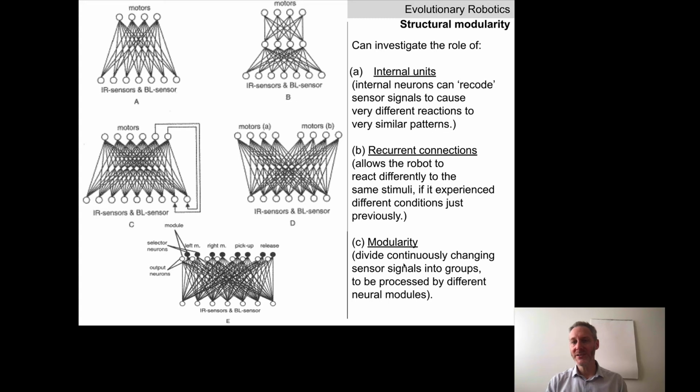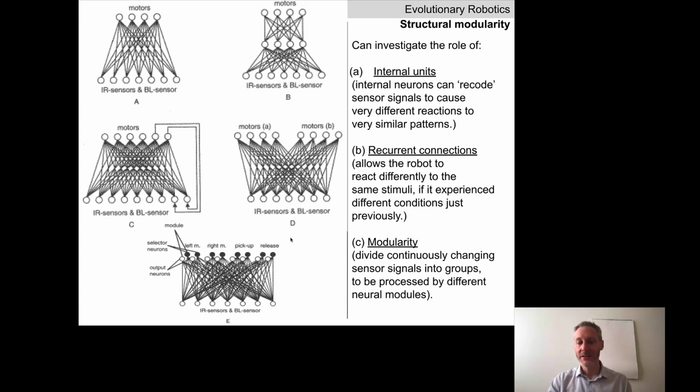We can also investigate the role of modularity. So D and E are both modular networks. They have different separate modules that can control the robot under different conditions. If D and E do better than A, B, and C, that tells us that neural modularity is useful in this task.